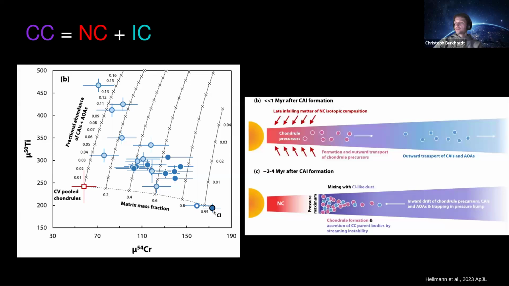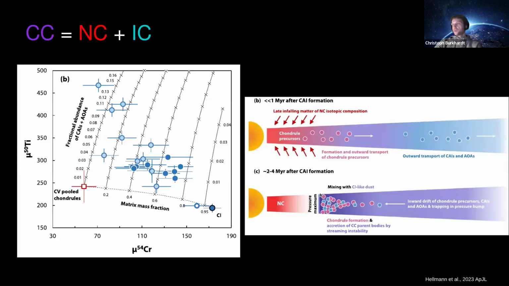And there's a relation between the amount of chondrules and the amount of CIs that are in these bodies. So the more chondrules, the more CIs also. And this might be indicative of some kind of collection mechanism for where these bodies formed by the streaming instability.